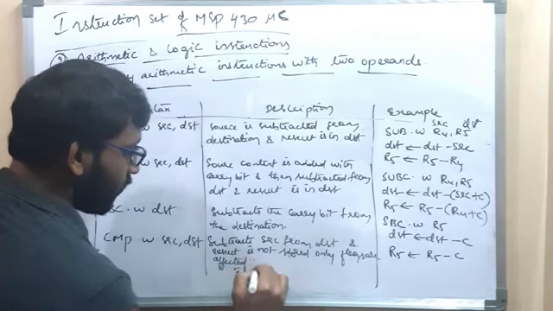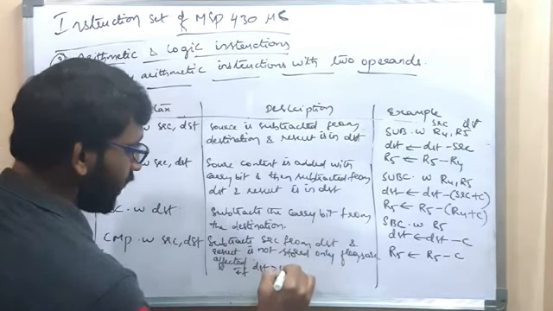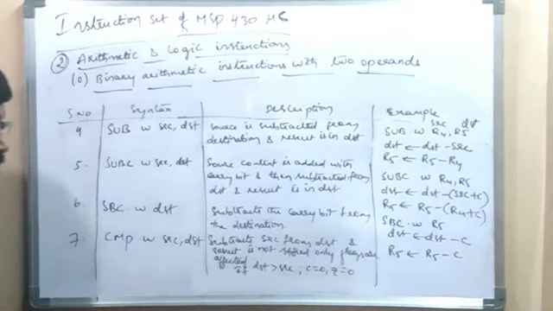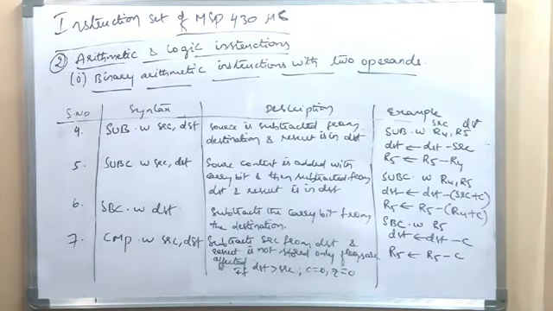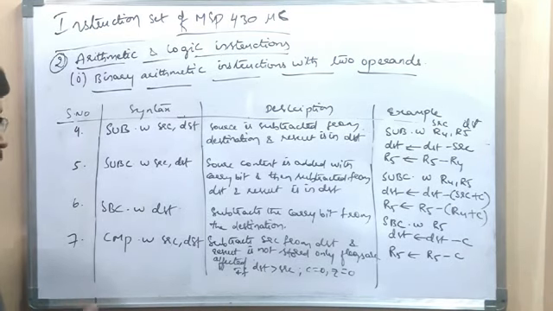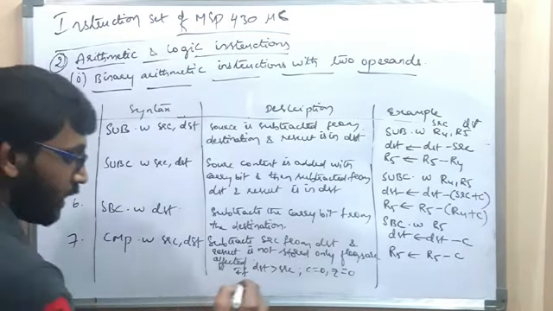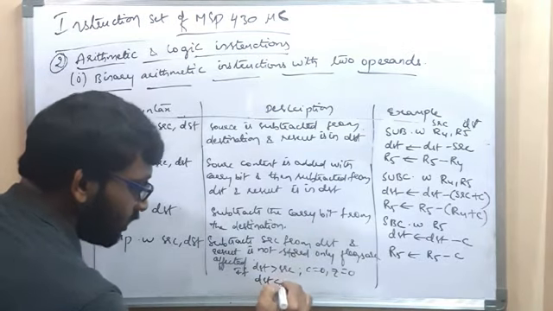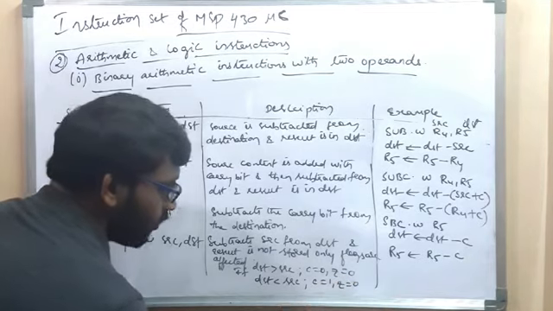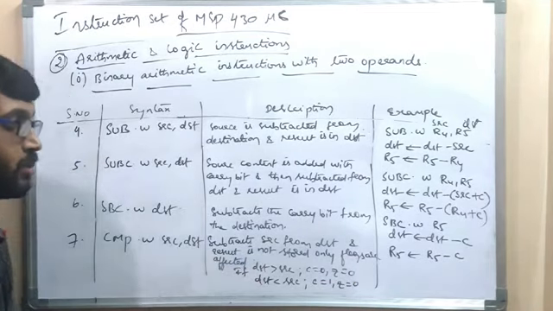If destination is greater than source, carry flag will be 0, zero flag will be 0. Result is not 0 and there is no carry because destination is greater. If source is subtracted from destination, if destination is greater, there is no carry. Second case, if destination is less than source, carry flag will be 1, zero flag will be 0 because destination is less than source.